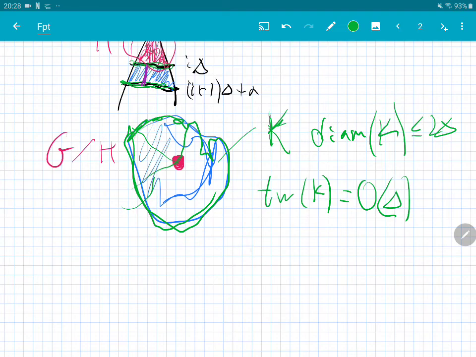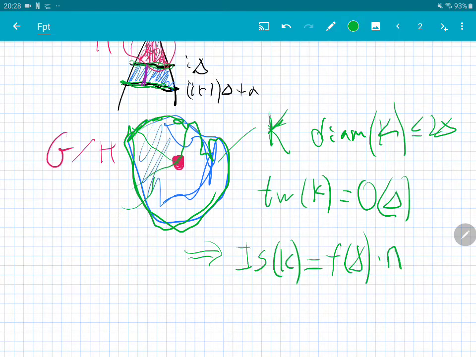And we can compute the independent set of K in time which is some horrible function of the parameter delta, and linear time in fact for planar graphs, because for planar graphs everything can essentially be done in linear time. Since this is tree width, we can do it in linear time. We saw how to do that.